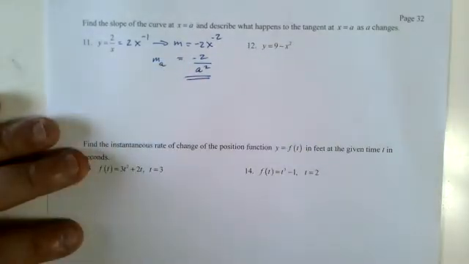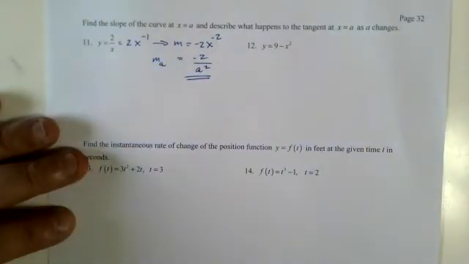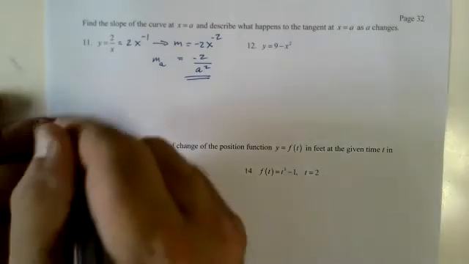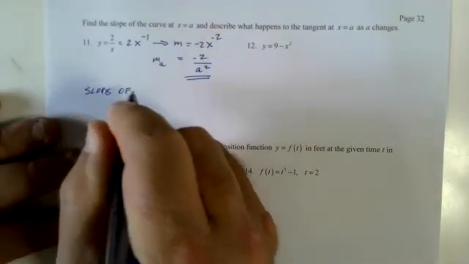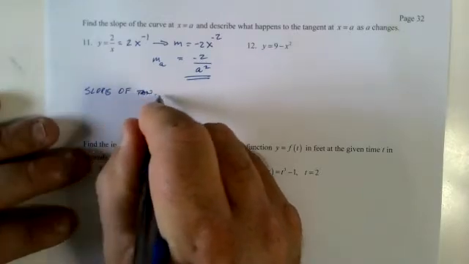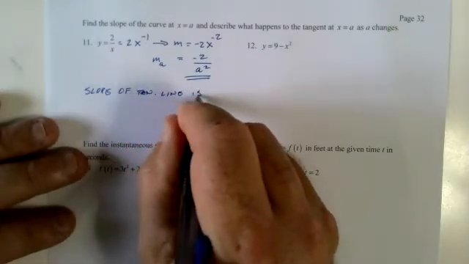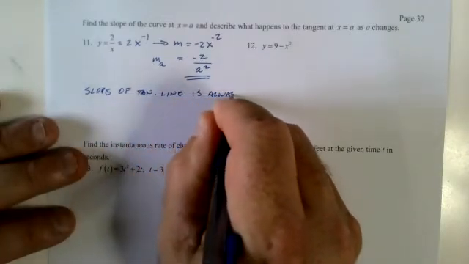When I plug in a, m at a. All right, slope's always negative. And we really got to write this right. Slope of tangent line is always negative.